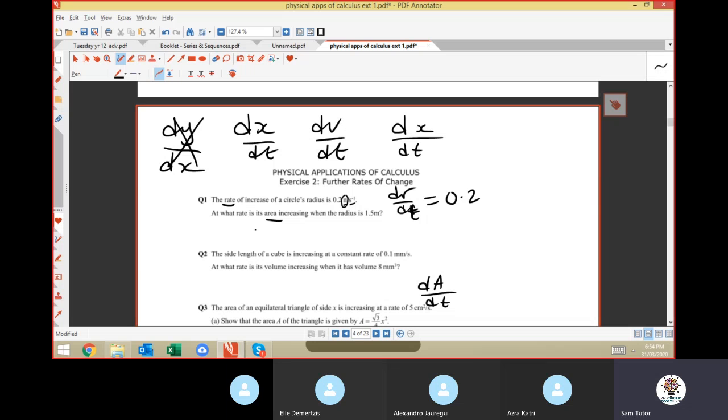So now you're trying to work out the rate of the area, so you're trying to work out dA on dt. To work out dA on dt, the way we write it is dA on something times something on dt. As long as these two are the same, I'm allowed to write it like this, because imagine this was x and x, I can cross them out and I get dA on dt. The trick is these two are going to be dr because you were given dr.